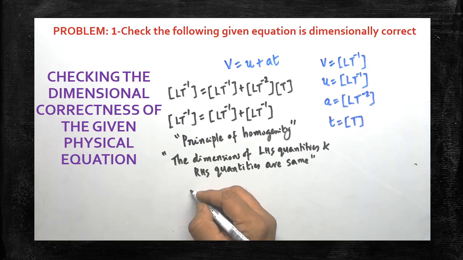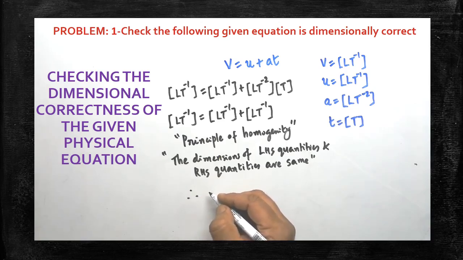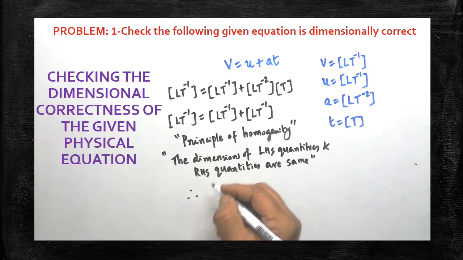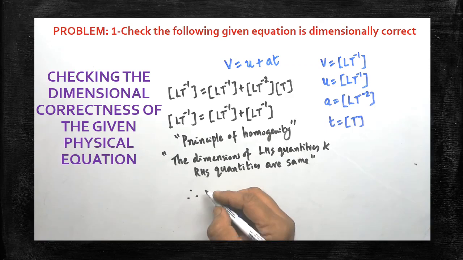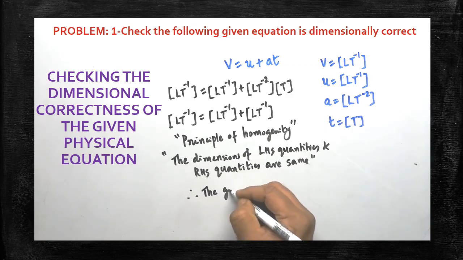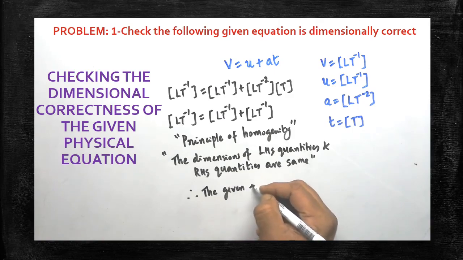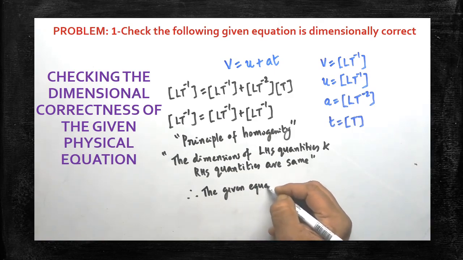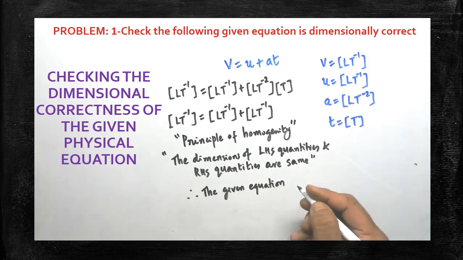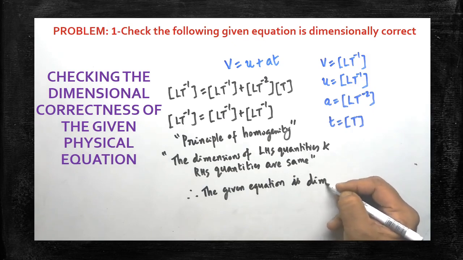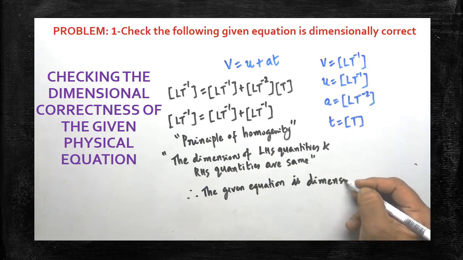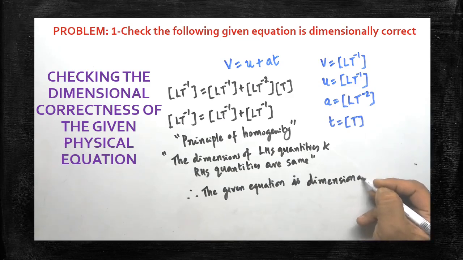Therefore, finally we have to write the conclusion. So as per the principle of homogeneity, since all have the same dimensions, we have to say that the given equation is dimensionally correct. You have to say it like this: this equation is dimensionally correct.